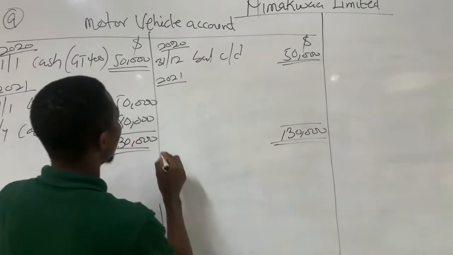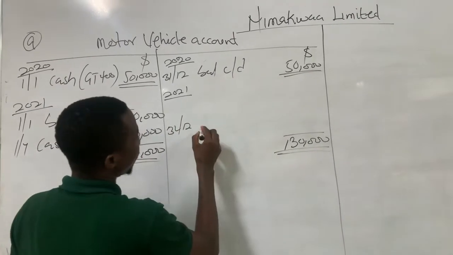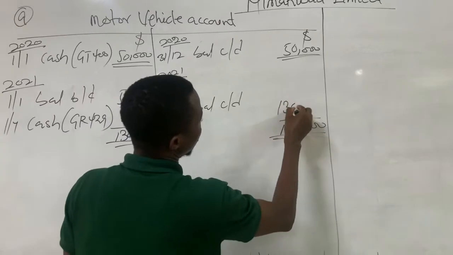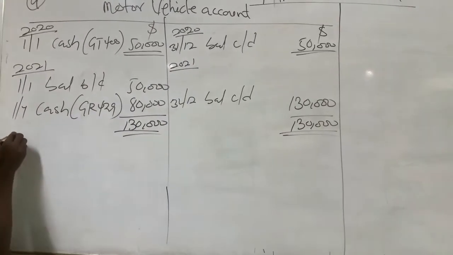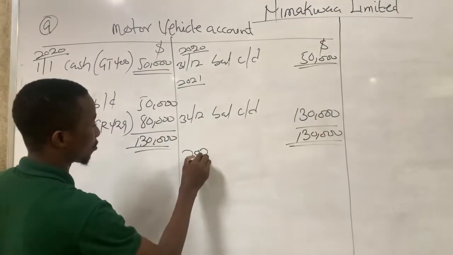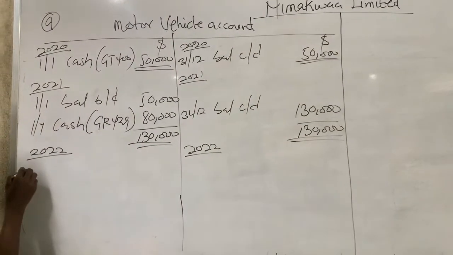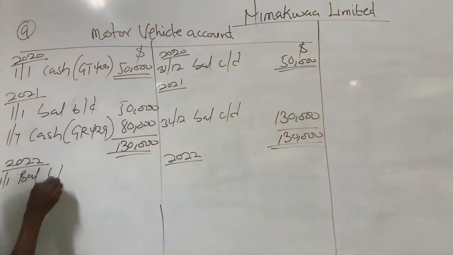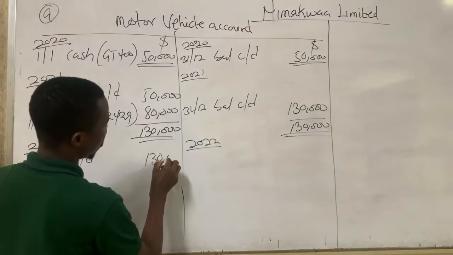So the total will be 130,000. Is that okay? That means that as at 31st December, we have the balance carried down of 130,000. And now in 2022, this balance carried down will become, on 1st January, balance brought down of 130,000.